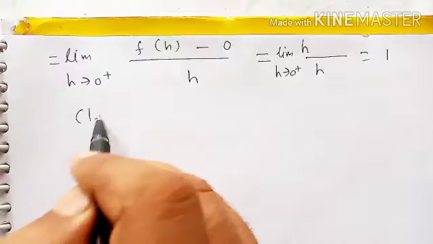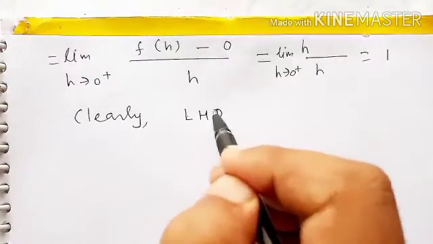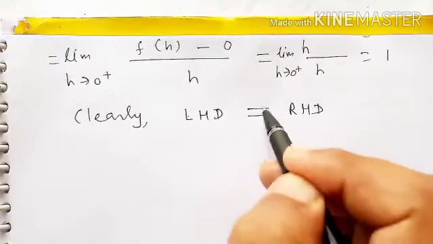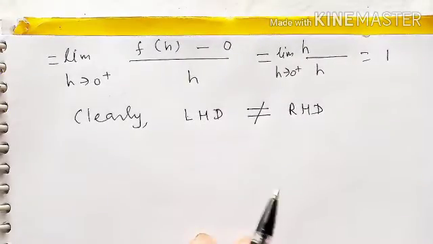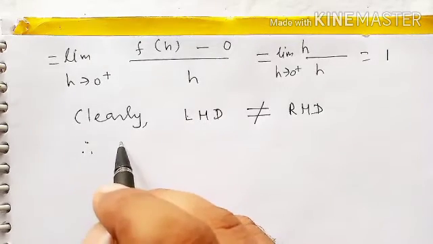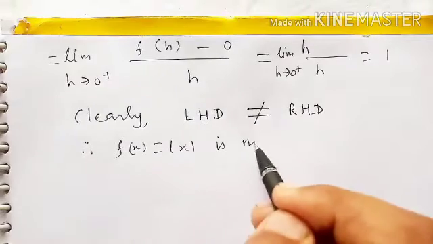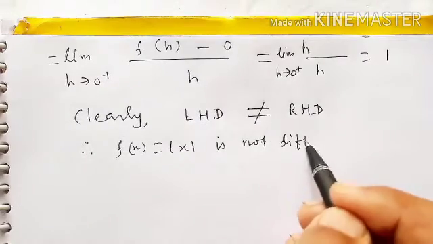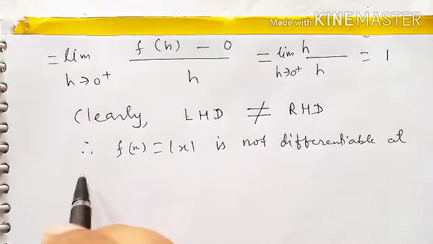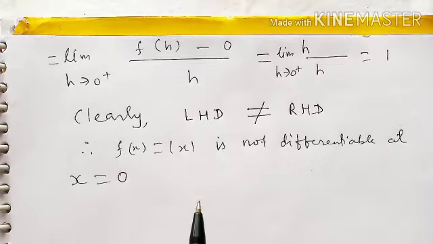So we see LHD, which is minus 1, and RHD, which is 1, are not equal. That's why f(x) equal to mod x is not differentiable at x equal to 0.